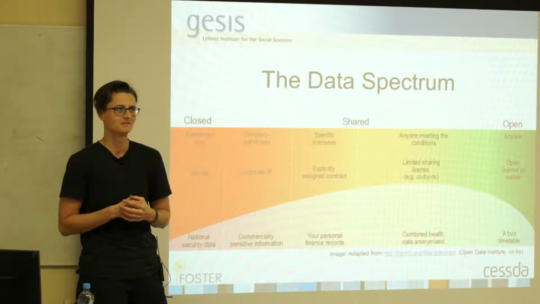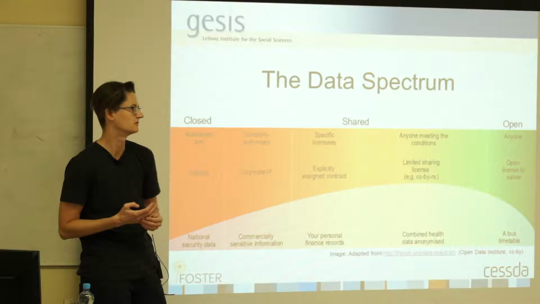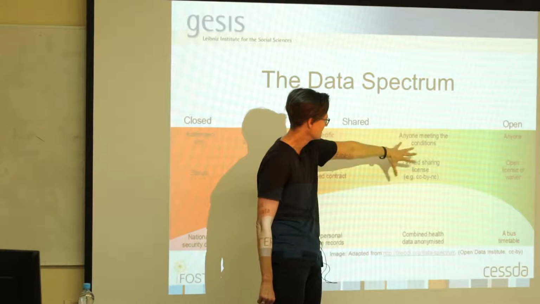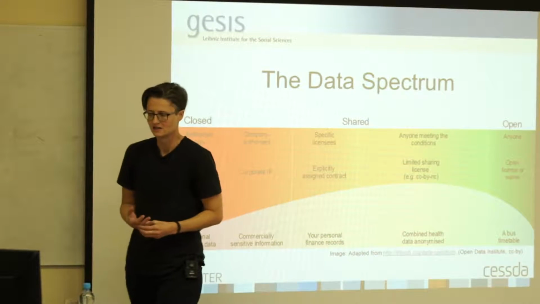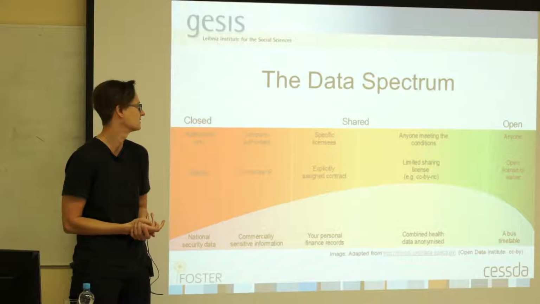And the main reason to do so is to protect the participants of your research. And then in the field of shared data, we may have also licenses that are a bit less restrictive.